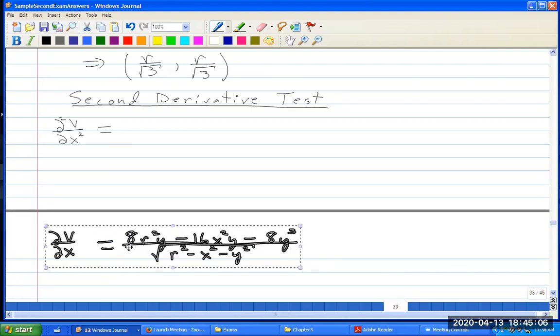So let's take the partial, let's use the quotient rule. So let's take the derivative of the numerator.